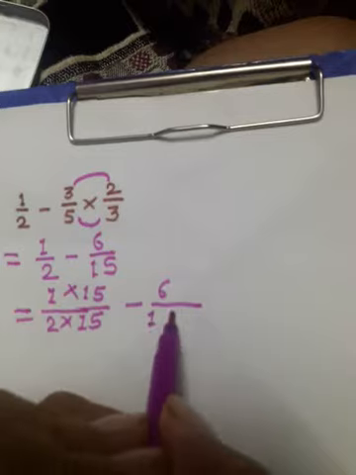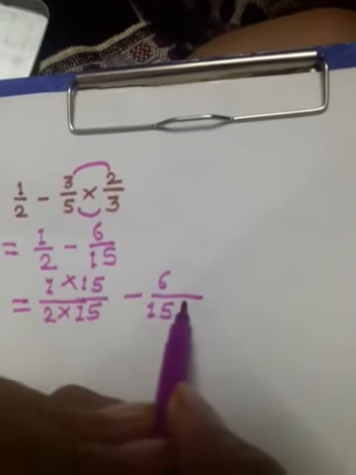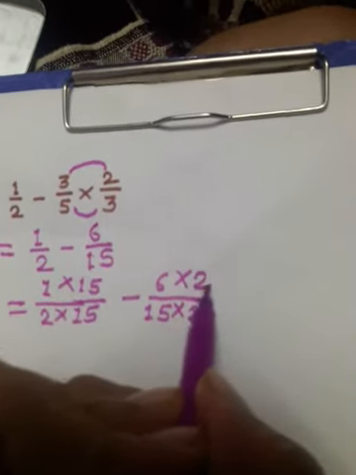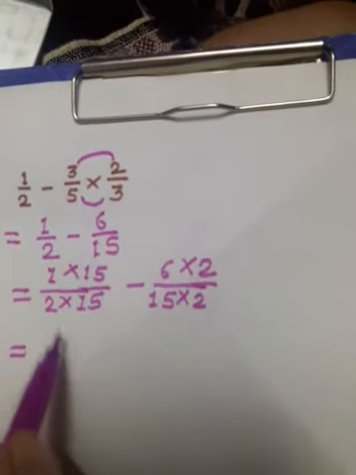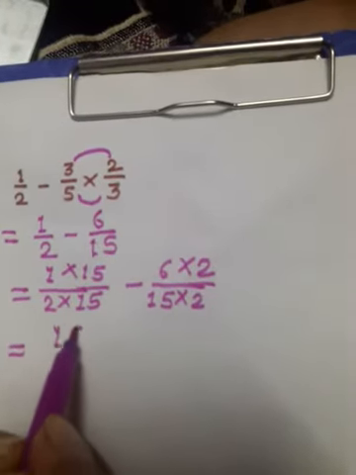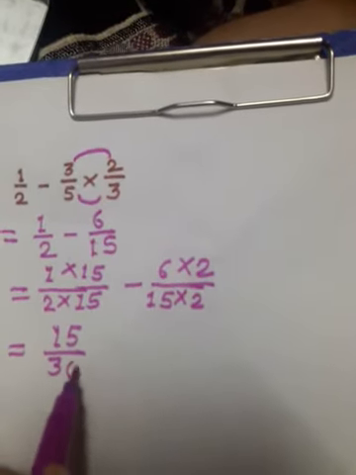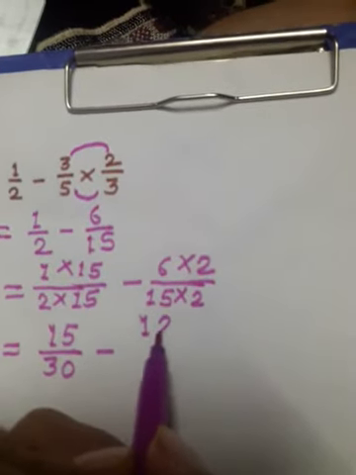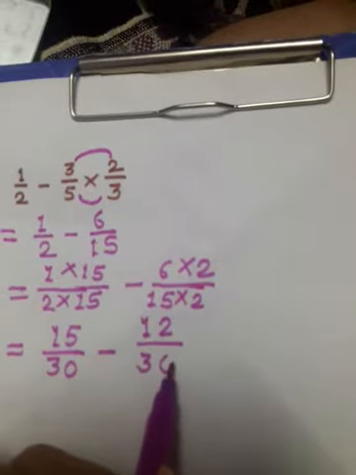6 and 15, both the numerators and the denominators will be multiplied by 2. 6 into 2 upon 15 into 2. Now the next step: 15 ones are 15 upon 15 twos are 30, minus 6 twos are 12 upon 15 twos are 30.